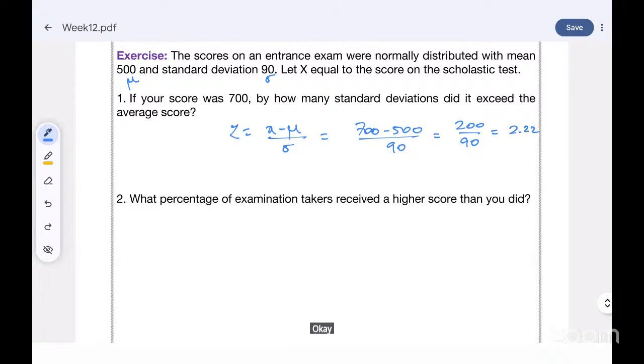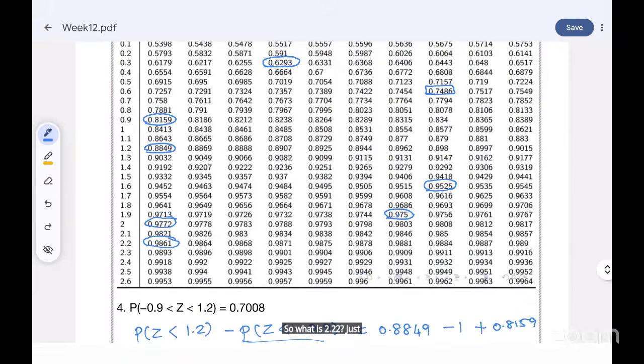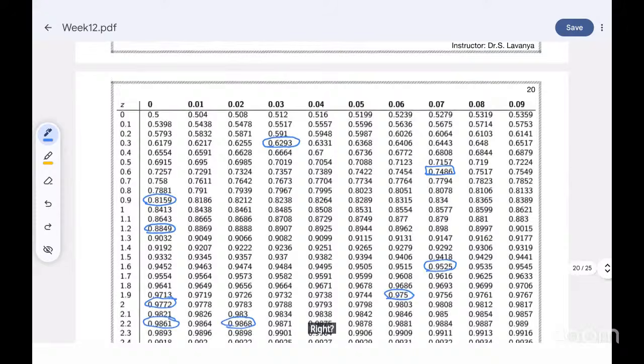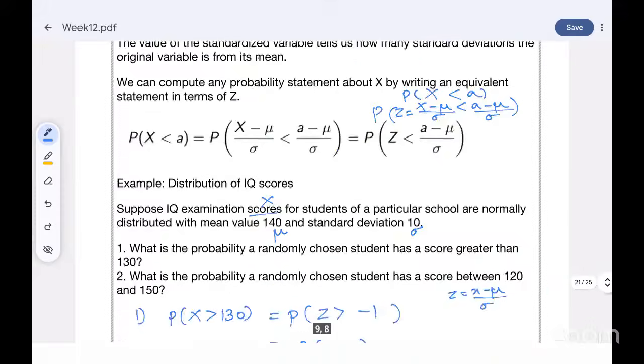Okay, fine. What percentage of examination takers received a higher score than you did? So it means the probability of Z greater than 2.22. Just look at the table. 2.22 gives 0.9868.